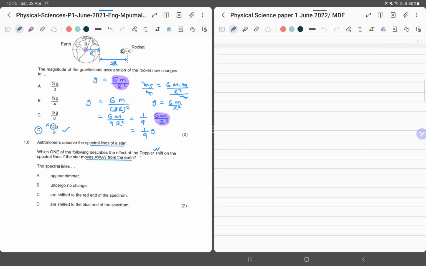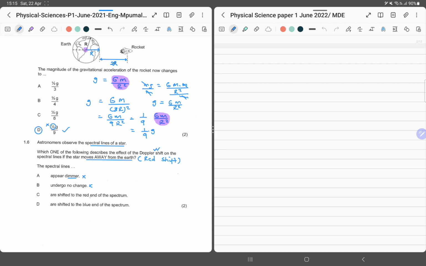So when you're moving away from Earth, we talk of the so-called red shift. Now it says the spectral lines appear to be dimmer. It's not about the brightness of the light itself. They undergo no change. That's not true. There is always going to be a change if we're talking about some Doppler shift.